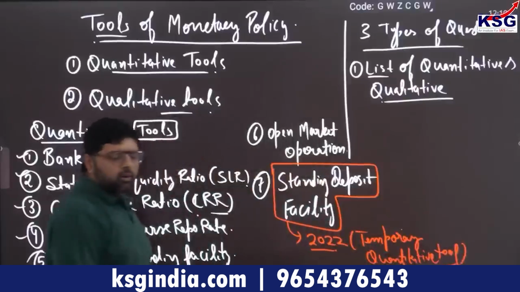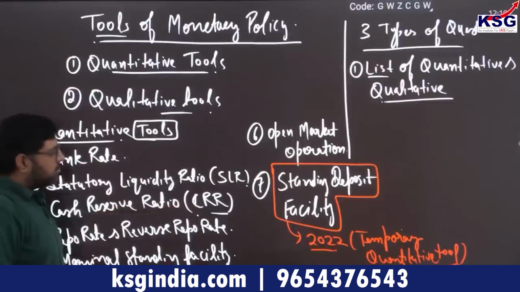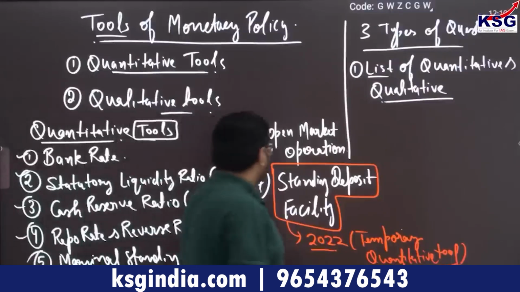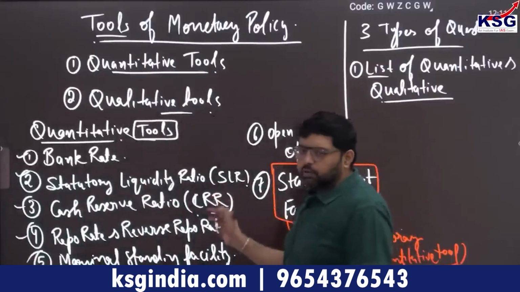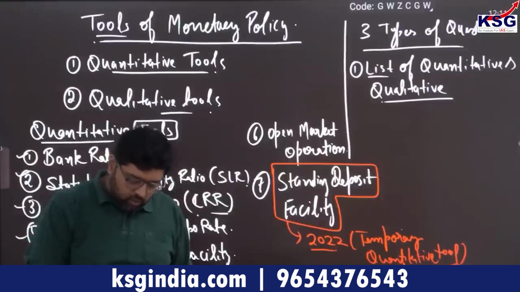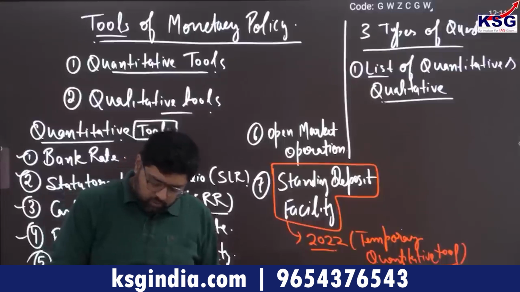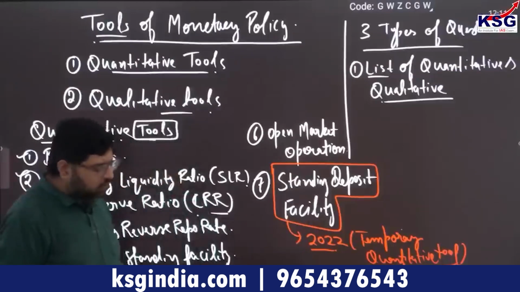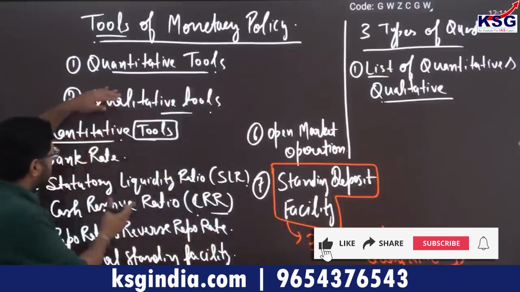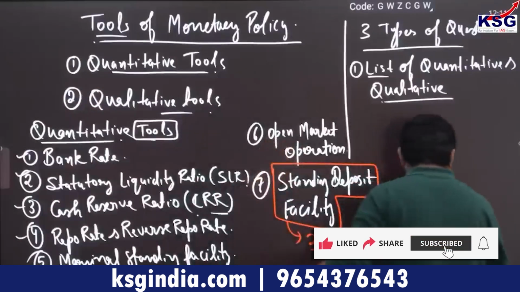So 6 are permanent and the 7th one is a temporary quantitative tool. Right now we are using this also. UPSC can ask you a simple question: which of the following are quantitative tools and which are qualitative tools? So these are the quantitative tools that you have to remember. This is list one, a very easy question.